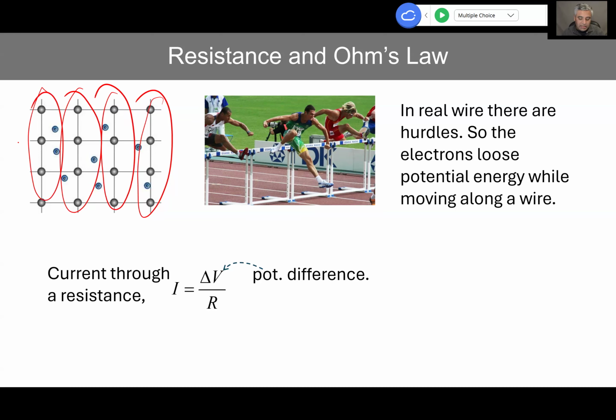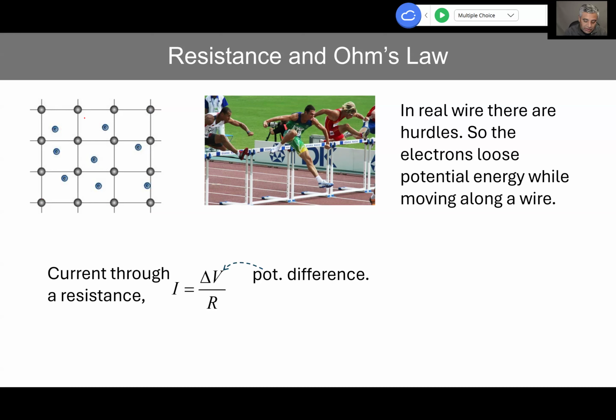Matter has what? Let's say the proton and then electrons orbiting around. So there are going to be some free electrons leaving some positive charge. So when they are trying to move, these are attracting them, right? So when they try to move, it's not so smooth. So they lose energy.